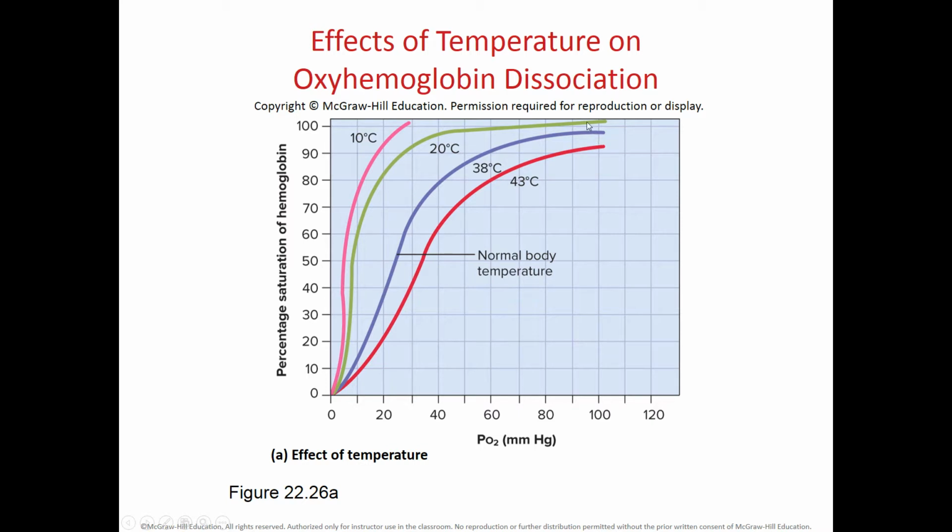When you drop the body temperature, you reach almost 100% or a little bit over 100% of saturation of hemoglobin with oxygen molecules.